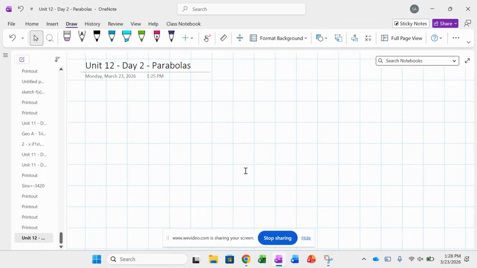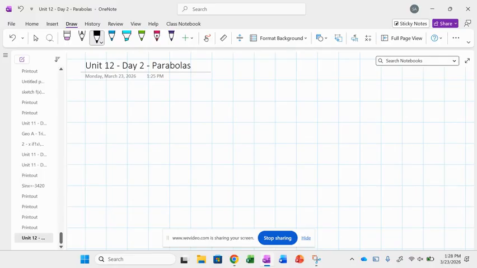Where it's shifting to, if it's opening up, if it's opening down. But we've never actually even talked about what the actual definition of a parabola is. So let's talk about that.